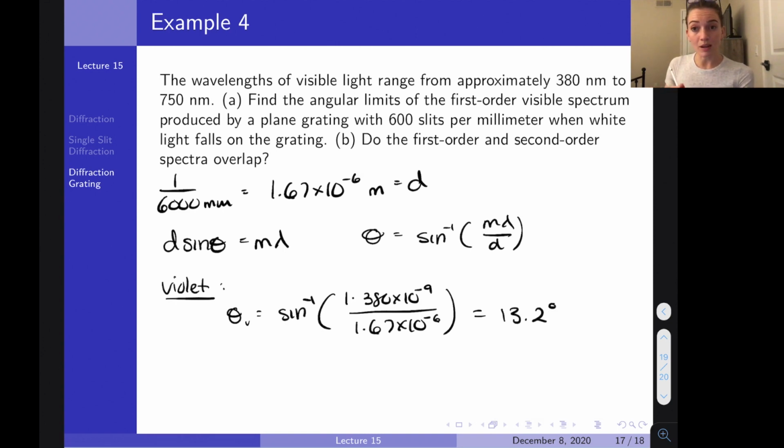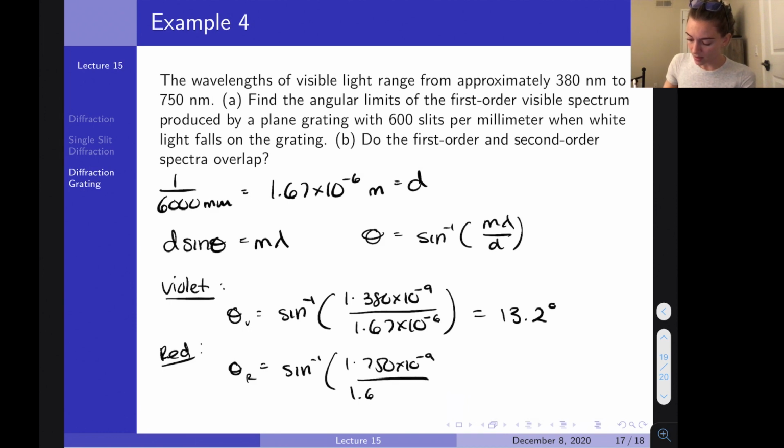Now we want to do the same thing for red light. So theta r is sine inverse of, again, 1 times 750 times 10 to the negative 9, d is the same.